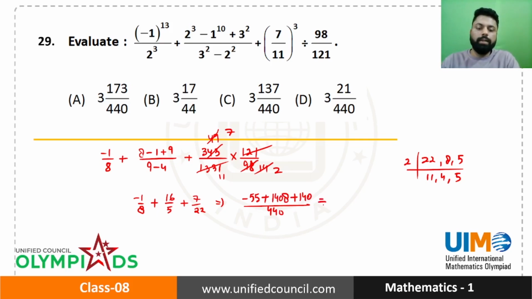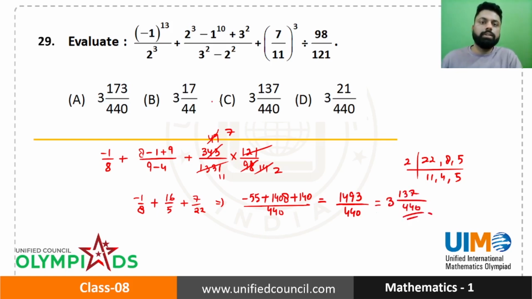So 1408 plus 140 minus 55, that is 1493 upon 440. That is something which is equal to 137 upon 440. So option A is the correct answer.